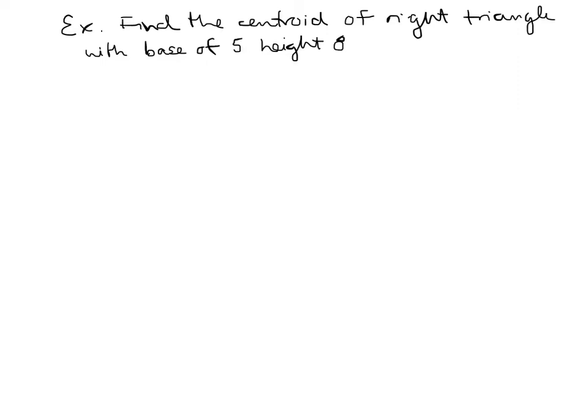Here's a triangle, right triangle, base of 5, height of 8. If we were to estimate where that centroid would be, because there's kind of more area on the lower part of this, I would probably estimate it to be somewhere in there. But let's calculate it exactly.